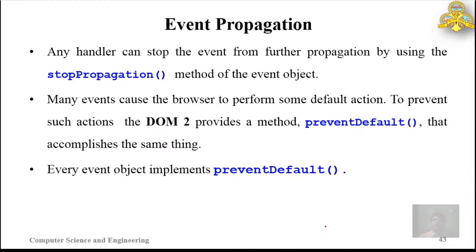Now sometimes we need to stop such propagation. So DOM 2 provides one provision for that to the web page programmer, that is stopPropagation. If the target node does not want to propagate the event up, after it is propagated from root to target node, then within the event handler we need to call stopPropagation.